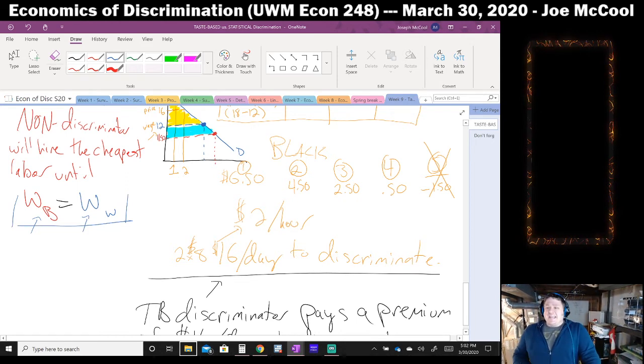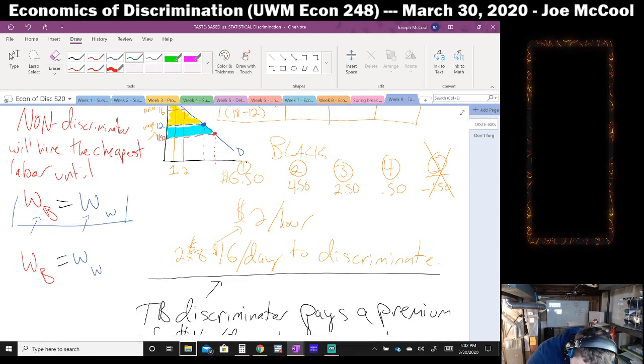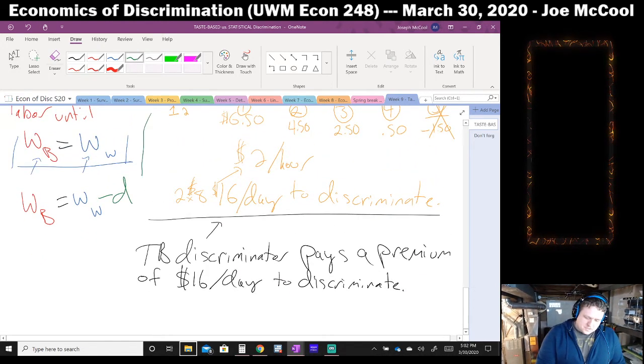Now, if there is taste-based discrimination, then we may see these wages stagnate at this level, where WB is equal to WW minus some discrimination coefficient. Okay? So the discrimination coefficient is basically this price tag, right?